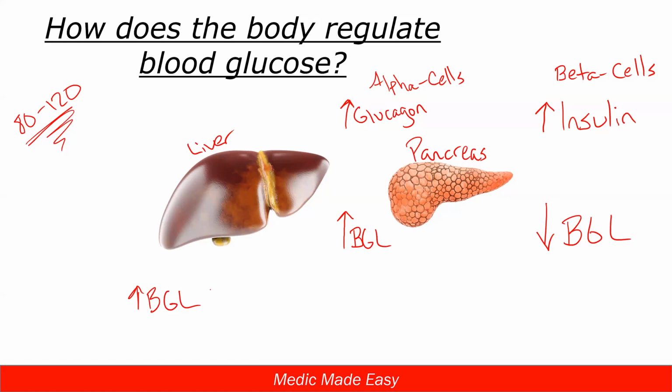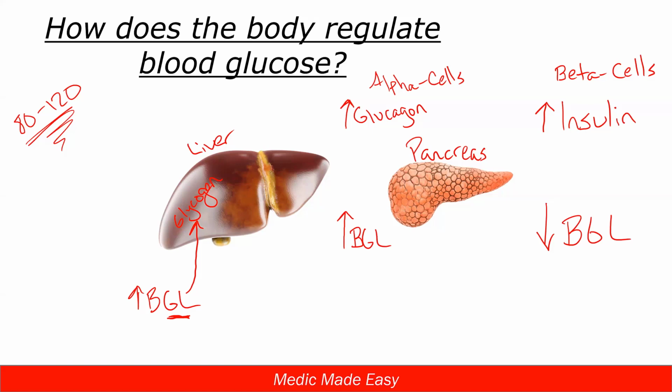So what will happen is the body will take some of that glucose that's in the bloodstream and convert it into a substance called glycogen and store it in the liver. So it's a little storage container for some sugar. It has to restructure it. It's not in the glucose molecular structure that our blood sugar is.